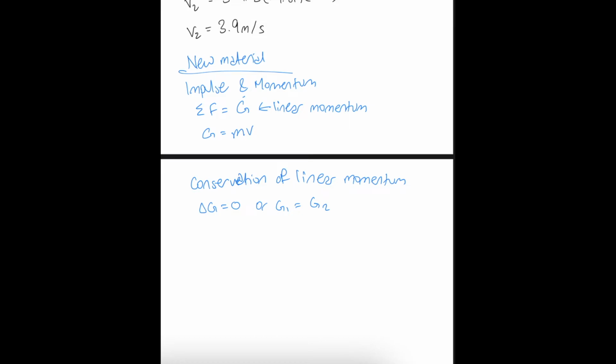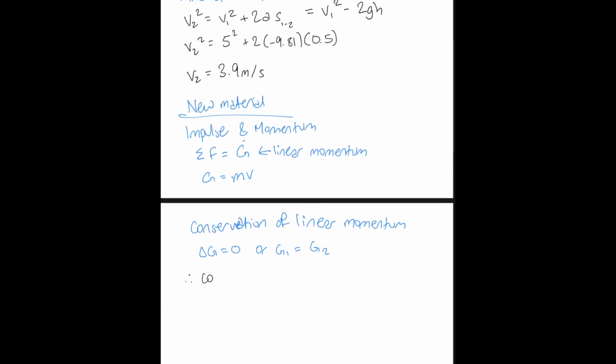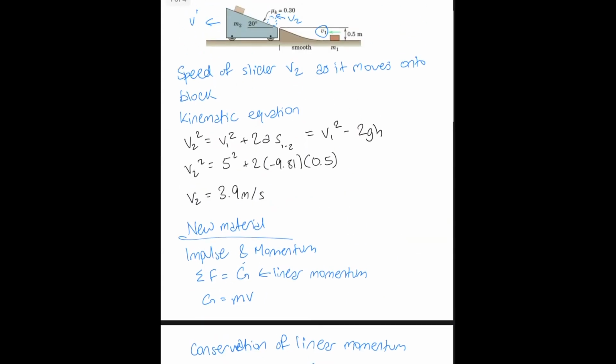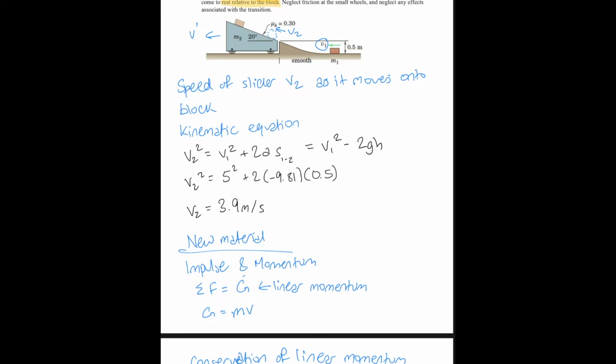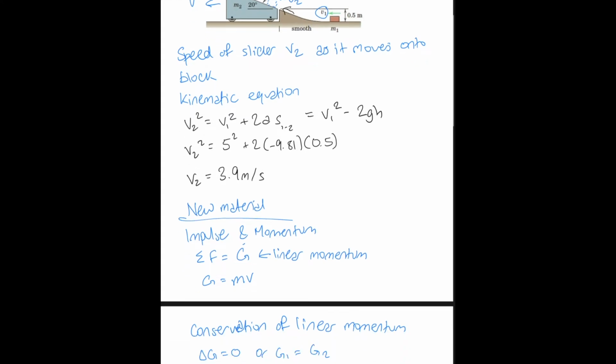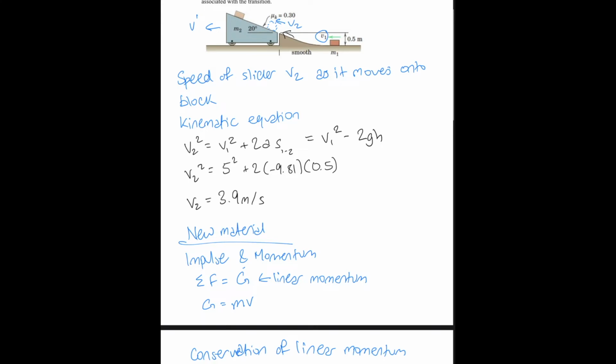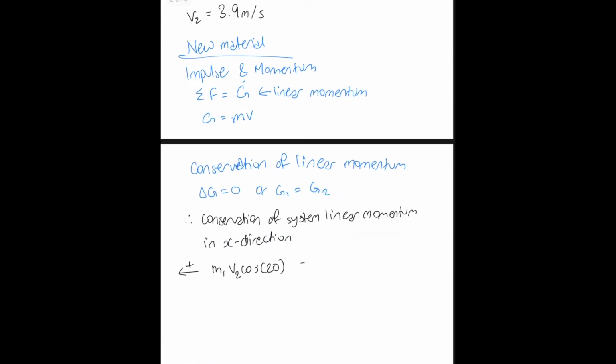So going back to our problem over here, conservation of system linear momentum in the x direction is going to be m1 v2 cosine 20, because that's basically the angle at the ramp, and we're going to make that equal to m1 plus m2 v.